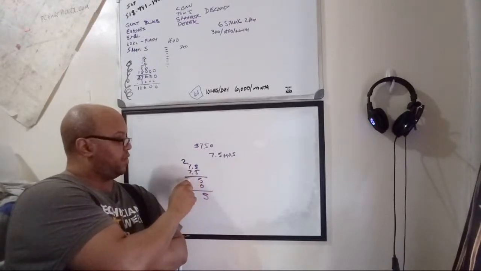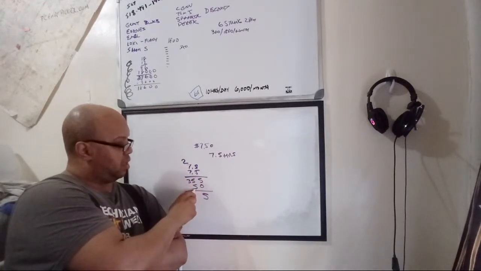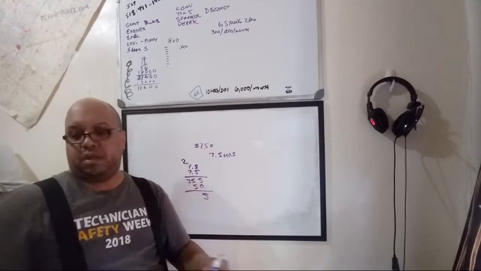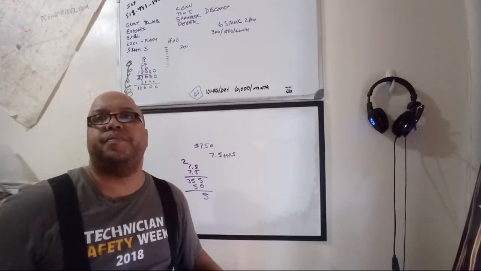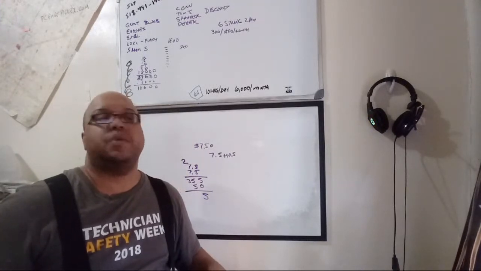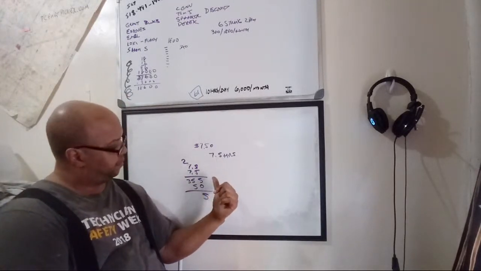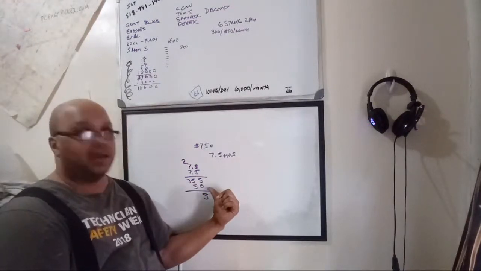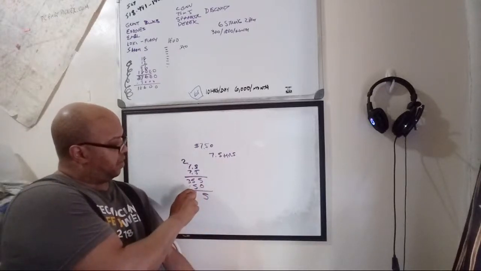Right, 37, because we carried the 2, 0, 35, and let me just, for the sake of time, because I'm trying to get as many questions in as possible. So basically, what happens here is we get 5, and 35.